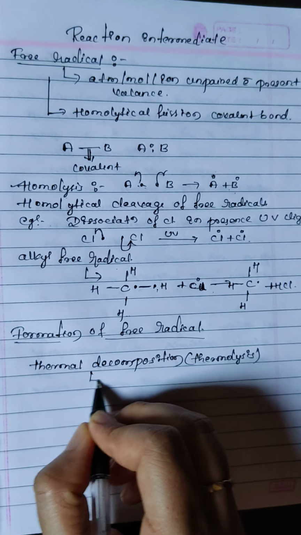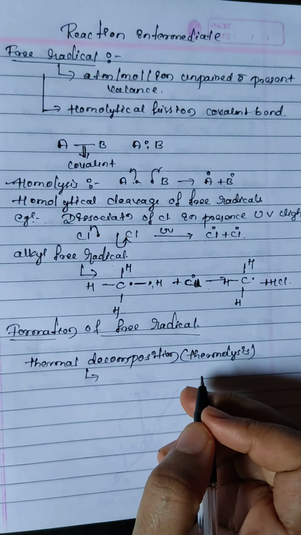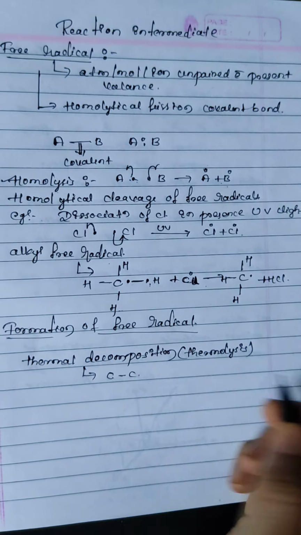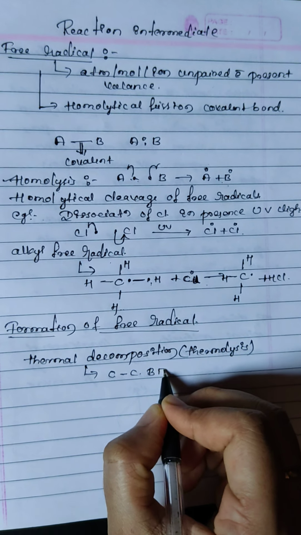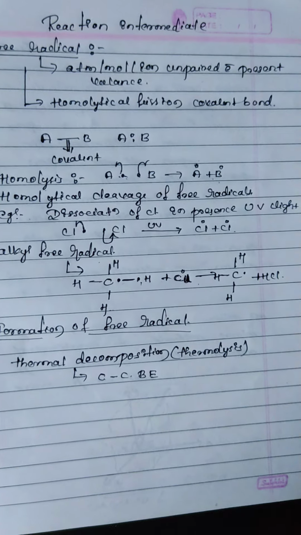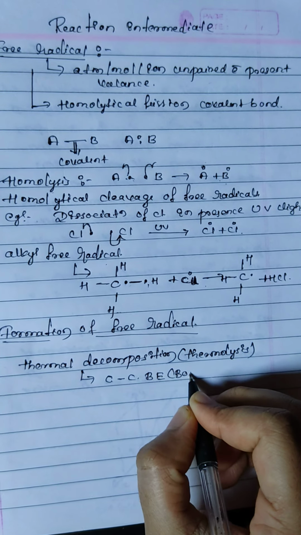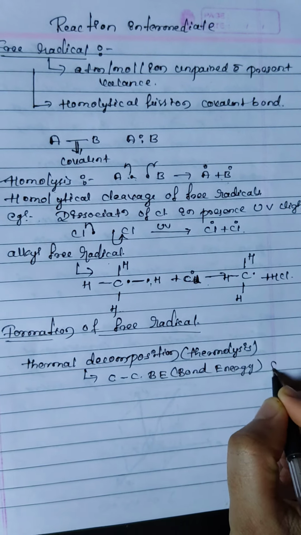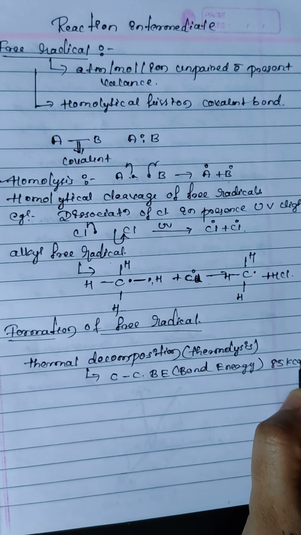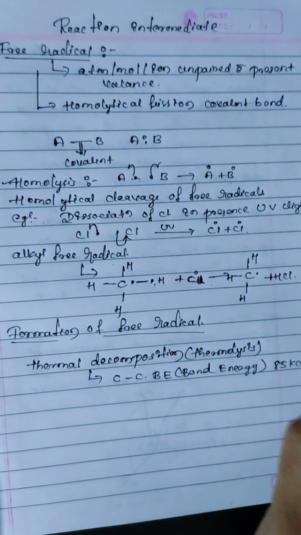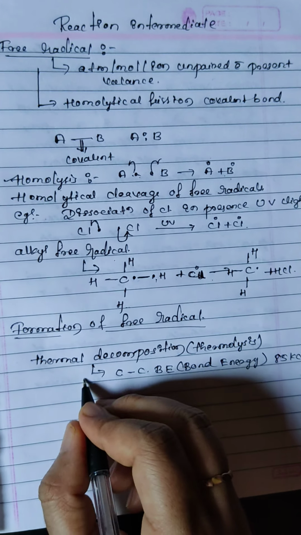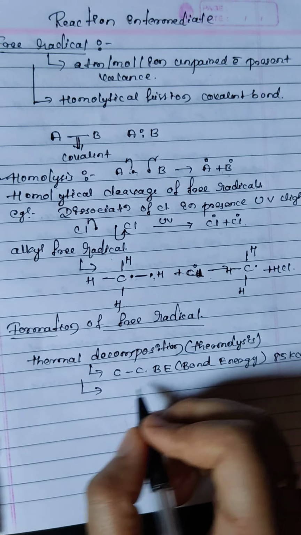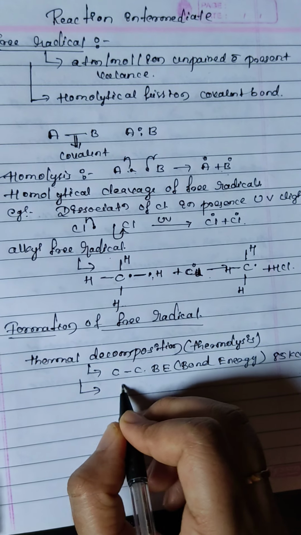In thermolysis, the carbon to carbon bond energy, shortly written as BE, is 85 kilocalories per mole, and the thermal decomposition temperature given is 300 to 350.